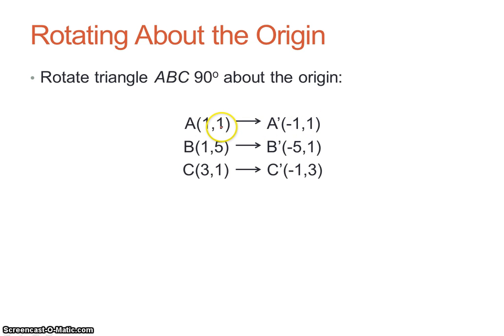That one's kind of a hard one since it's just 1 and 1. So let's try B. 1 becomes negative 5, 5 becomes 1. So it looks like our x and y switch, and then our x or our y value becomes negative. So we have x, y.